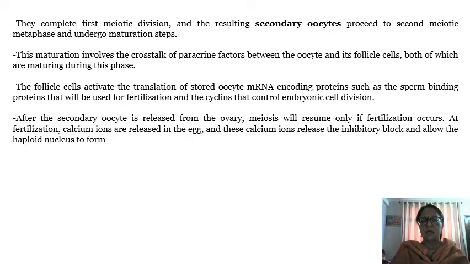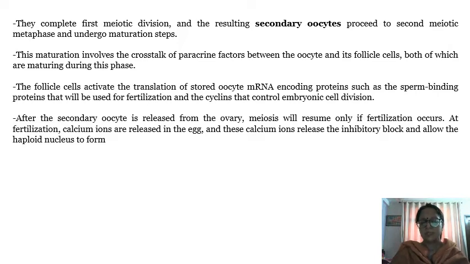Now this secondary oocyte will be arrested at metaphase, and further development will be initiated only if fertilization takes place. This maturation of the secondary oocyte within the Graafian follicle involves the crosstalk of paracrine factors between the oocyte and its follicle cells, both of which are maturing during this phase.